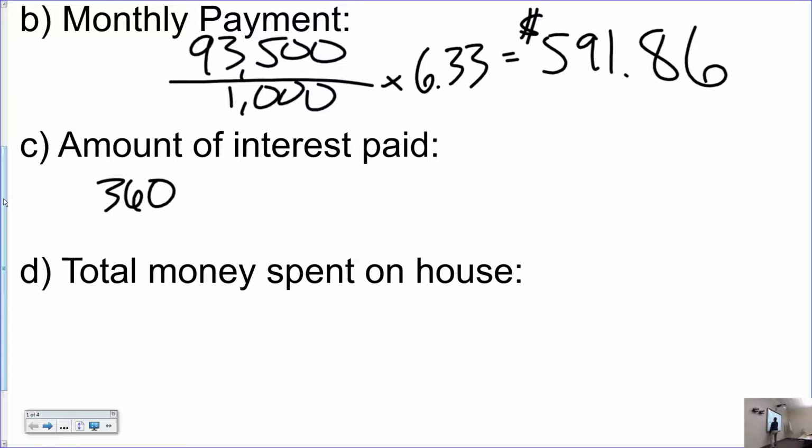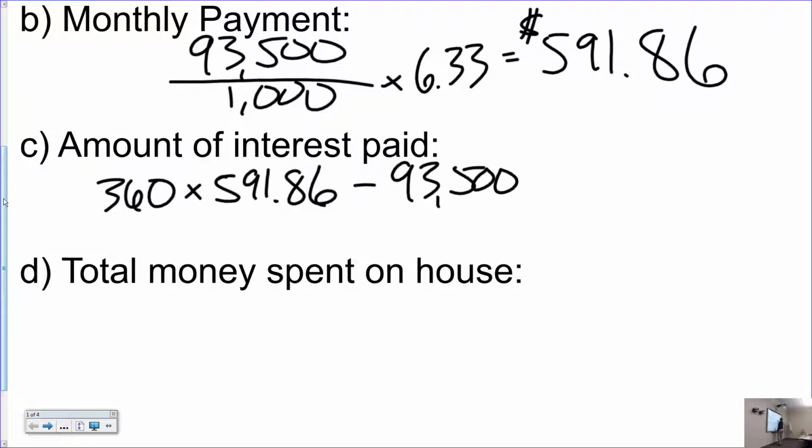Don't just multiply by 30. And minus the amount financed. Again, please make sure you subtract the amount financed and not the price. It's tempting to subtract the price because once you multiply those two numbers in the beginning, you're kind of like, oh no. But follow the rules. Subtract the 93.5.